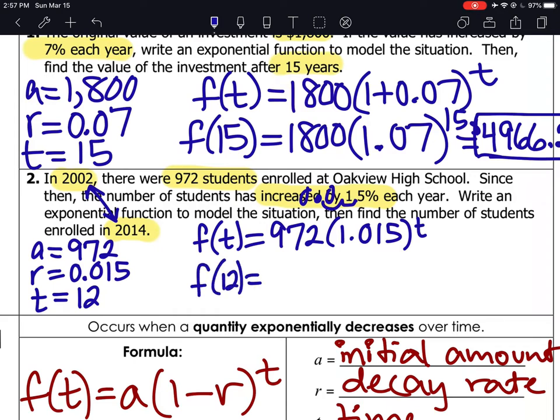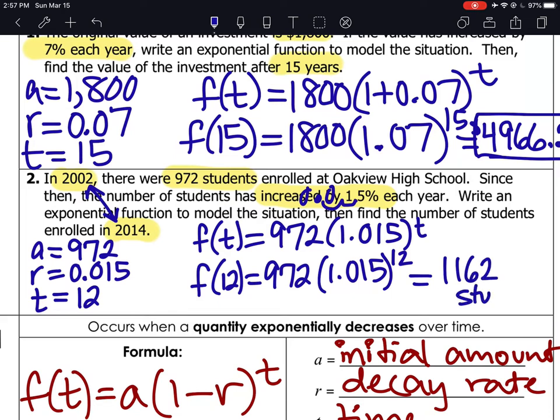But since we know we're going to plug in 12 years, I'm going to go ahead and do that. So I'm going to plug in 12 years for my t exponent. And if you calculate it carefully on the calculator, you will get 1,162 students. And that's how you do exponential growth.